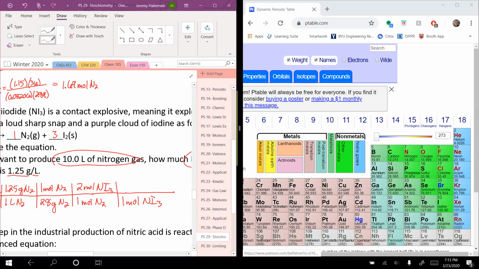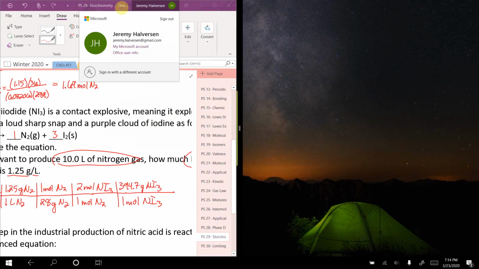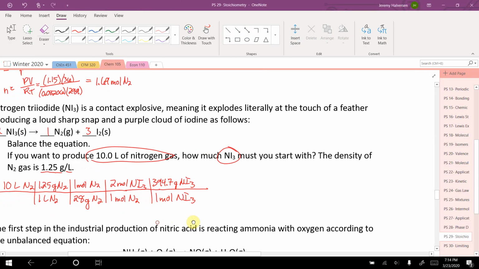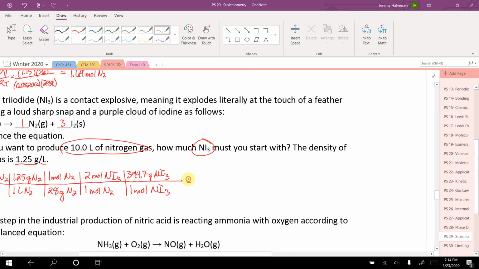That's a molar mass of 394.7. Okay, I can plug all that in my calculator, which gives me 352.4 grams of NI3.